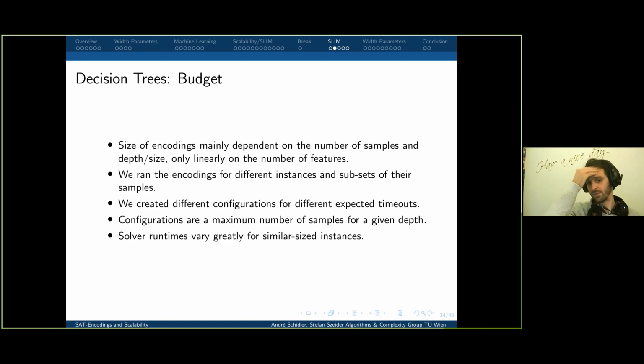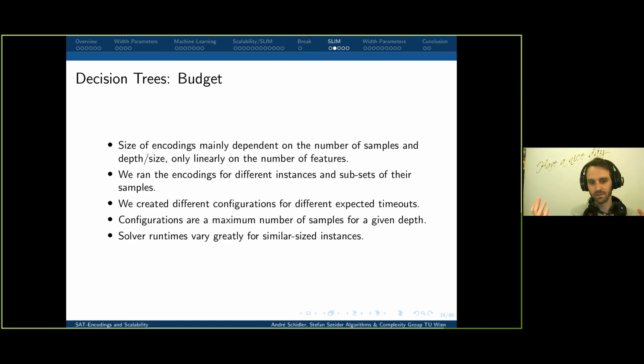And then we came up with configurations, and these configurations say, okay, my input instance, the subtree that I want to optimize, has the following depth. What do you expect are the maximum number of samples that I can have? So we create these configurations.